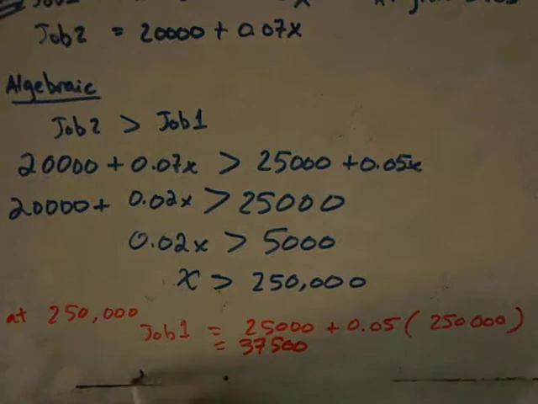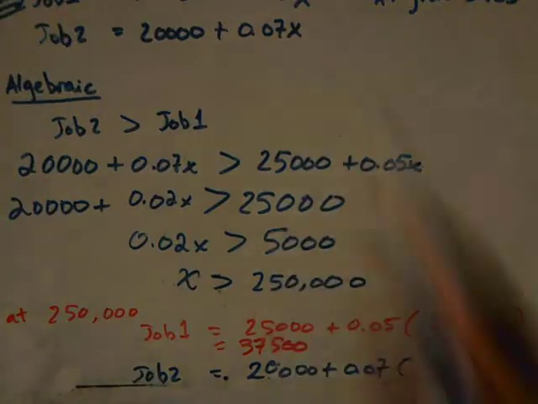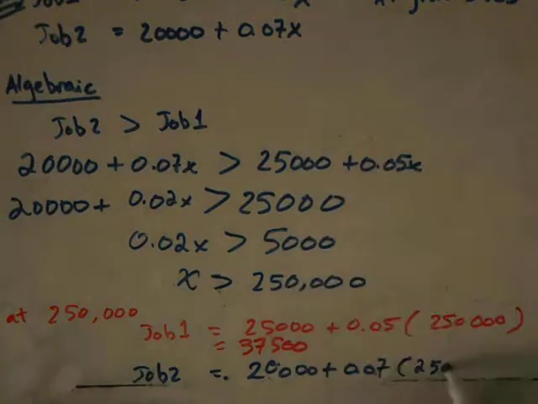With job 2, she's actually going to make 20,000 plus 0.07 times 250,000, and that is going to give her a total of 37,500.